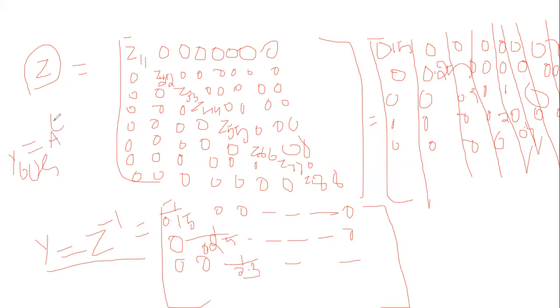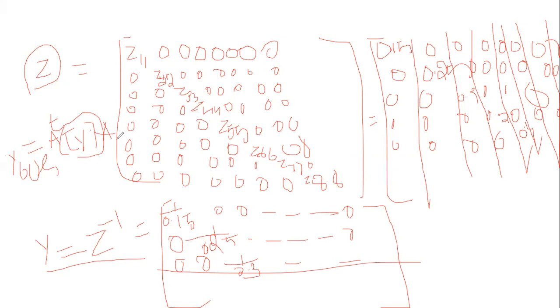Y bus is equal to A transpose into Y into A. In this case, Y is equal to this matrix. After that, we calculate the A matrix. How will we calculate the A matrix? First, we calculate the A bar matrix, then we easily obtain the A matrix.